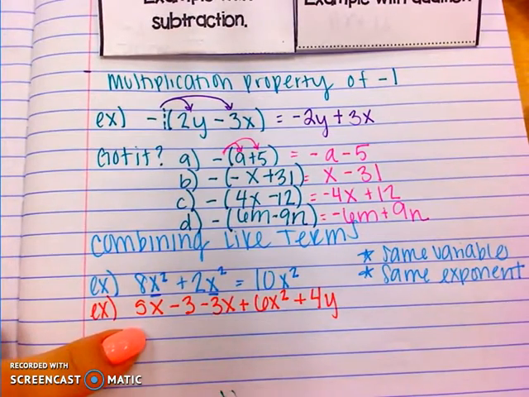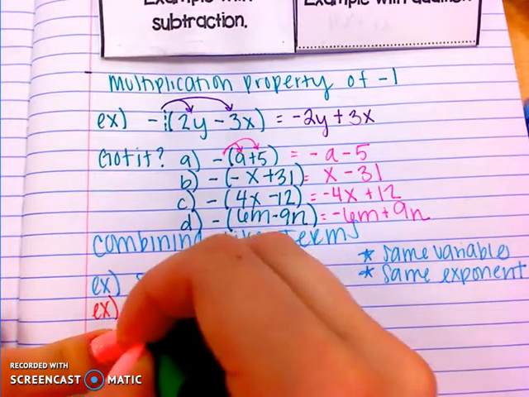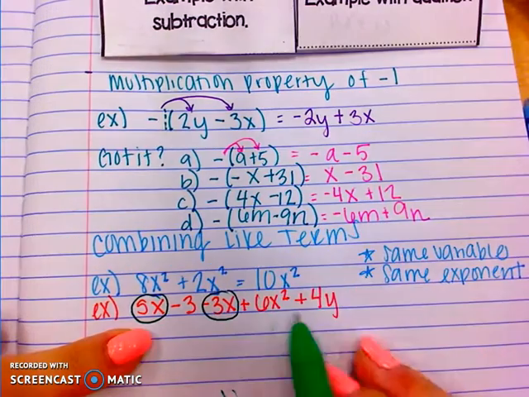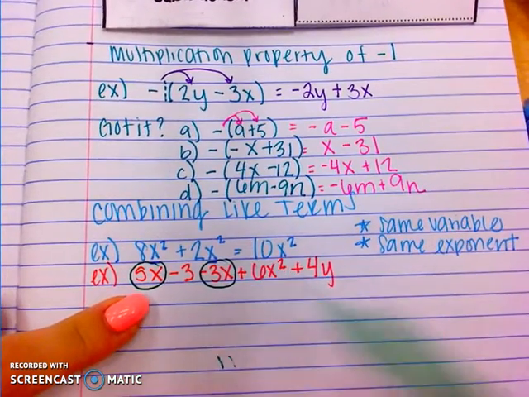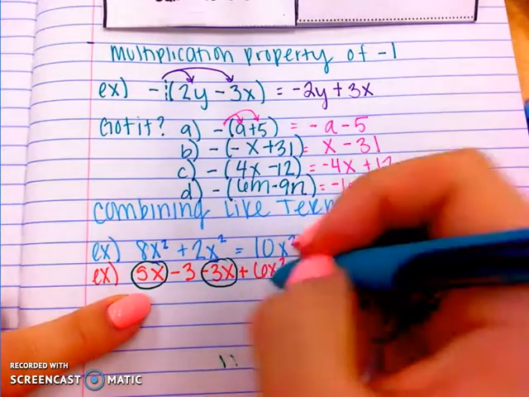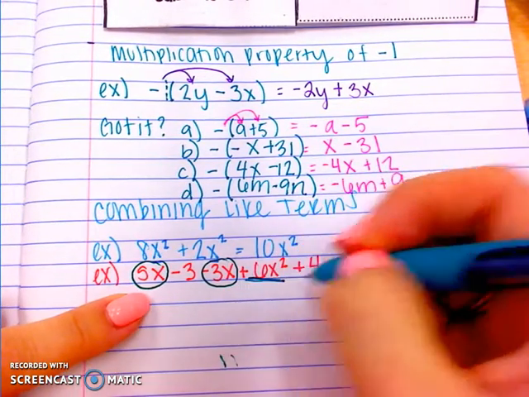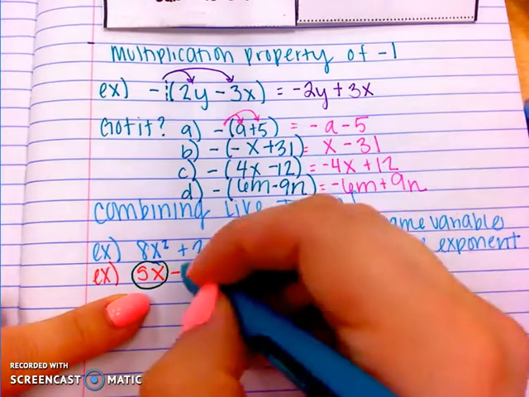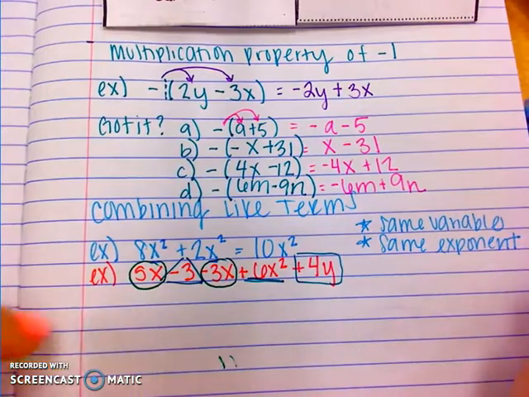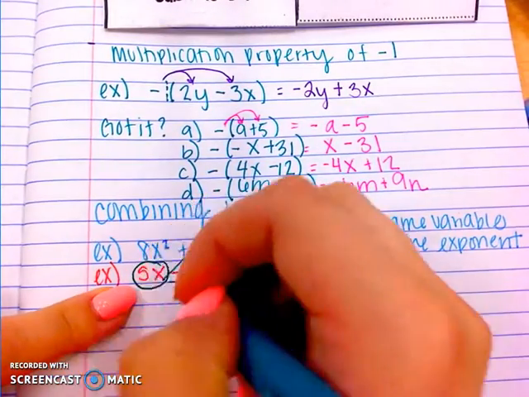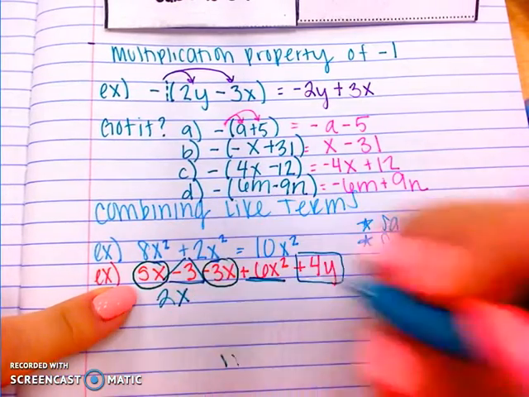So if it were me, I would circle all of the like terms that are the same. So I have a positive 5x and negative 3x. Here's an x, but it's squared, can't use that. Okay, so I'm just going to leave that, and then I can underline it or put a box around another one, and a triangle. They're all different, okay? So the circles, 5x, negative 3x, so 2x.